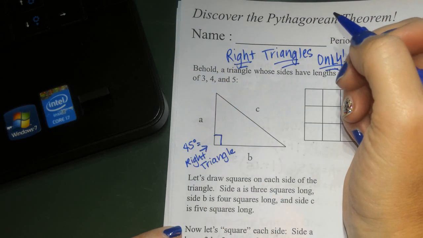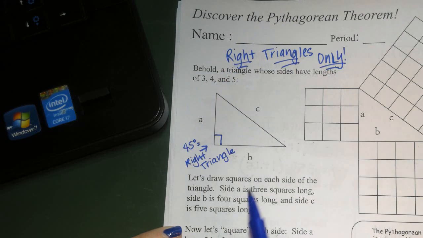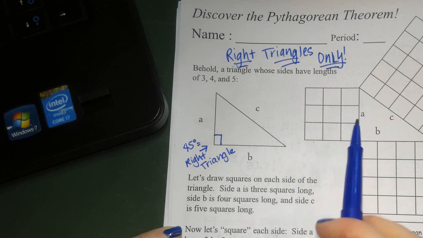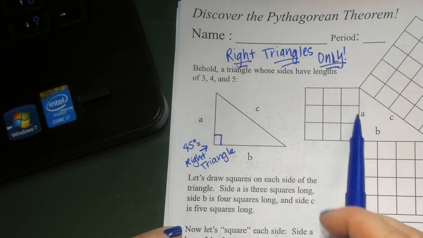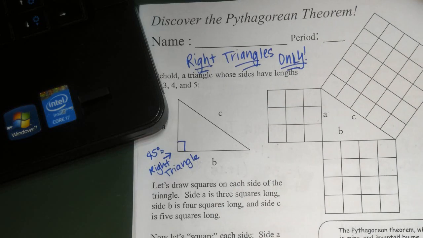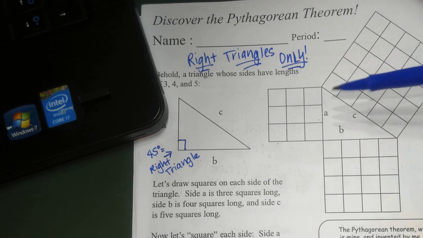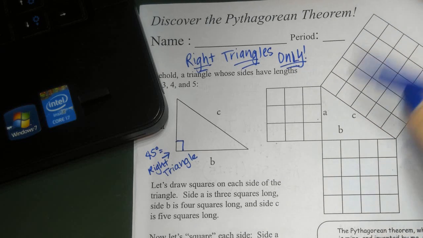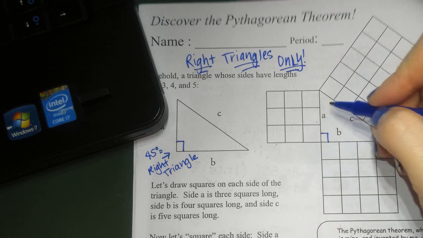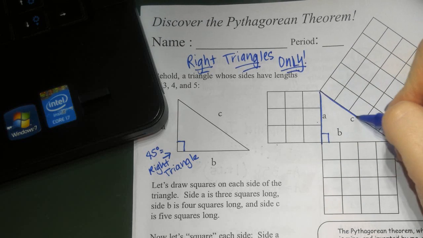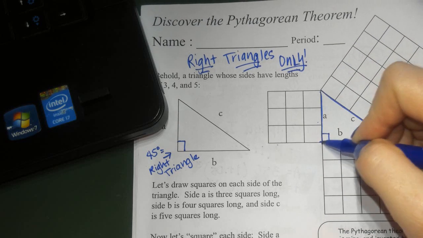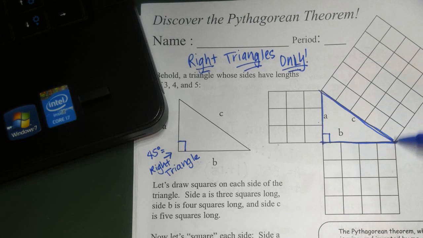So we're going to go ahead and label. Here's the same triangle drawn another way over here. Here's the right angle. You have side A, this is side B, and then side C here.